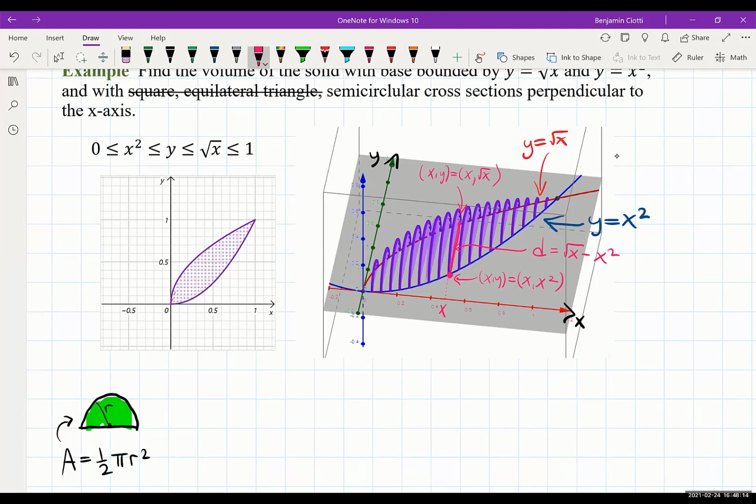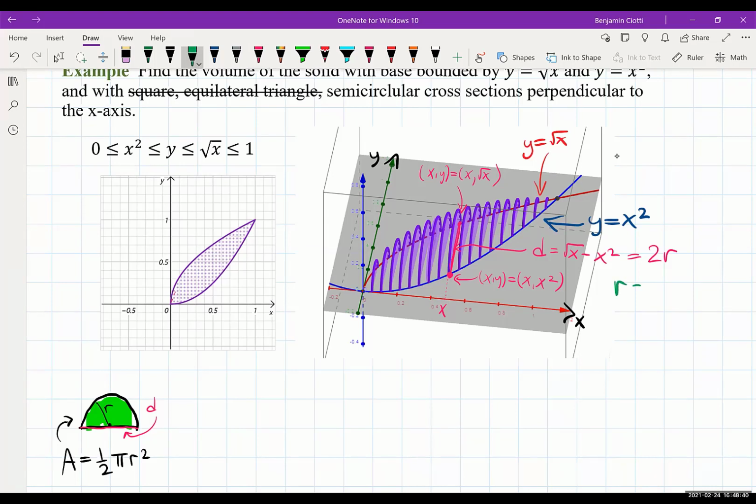Someone who hasn't said anything yet. What does d have to do with the semicircle? Is it twice the radius? Ah, good. Yes, it's the diameter, which is twice the radius. So yes, that's d. So this is also equal to twice the radius.